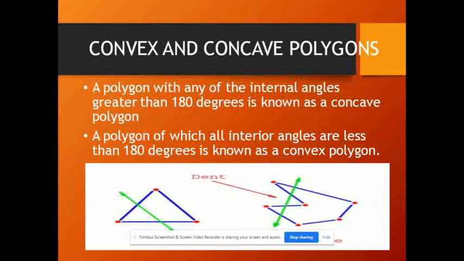Convex and concave polygons. Polygons are classified into two types. They are convex and concave. A polygon with any of the internal angles greater than 180 degrees is known as a concave polygon. Concave polygon: an internal angle of the polygon is greater than 180 degrees.